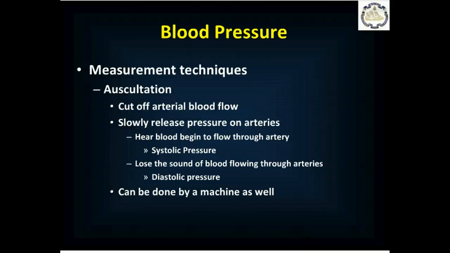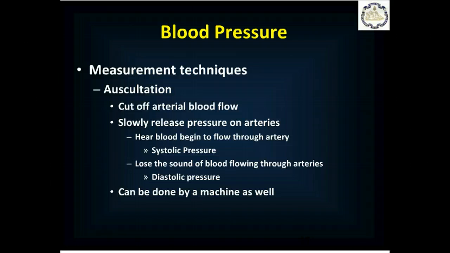And you'll hear that sound for a while because you're still compressing the artery. Eventually, the pressure in your blood pressure cuff gets so low that it reaches the static pressure in the arterial system, and then the sounds go away. They fade, and when you can't hear them anymore, that's your lower number, the diastolic number.